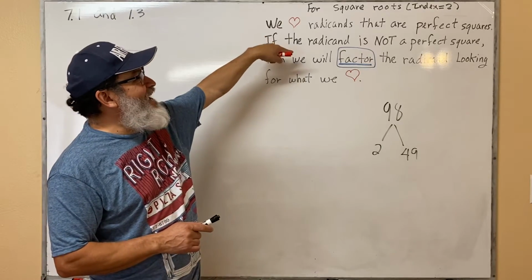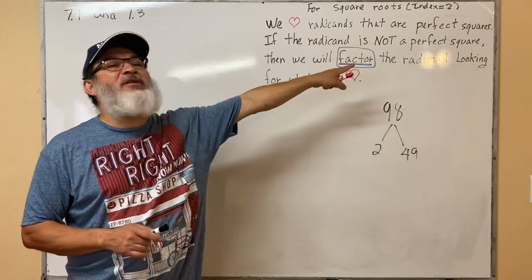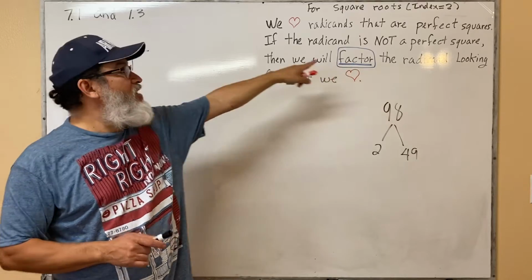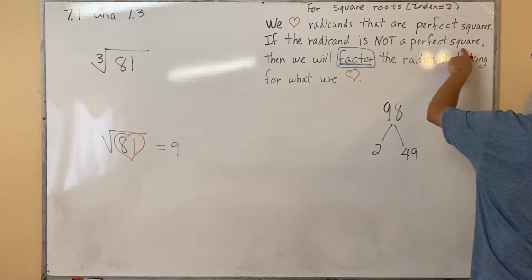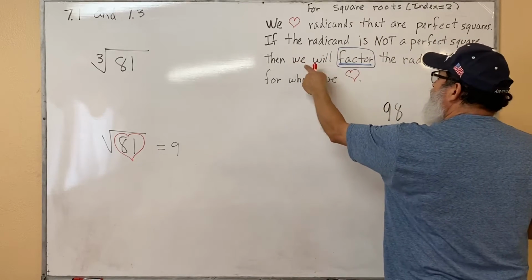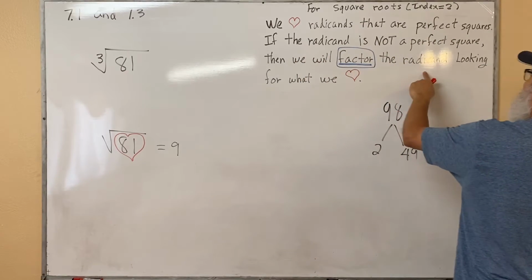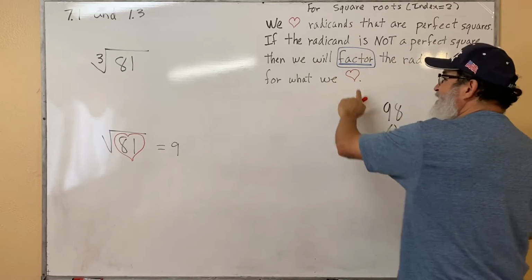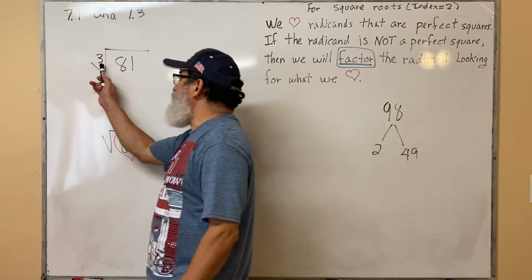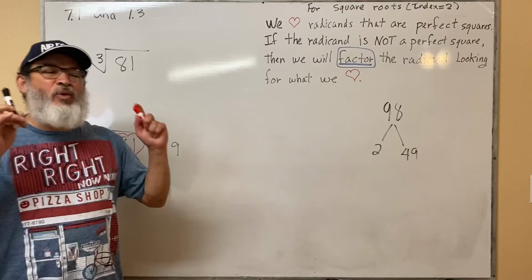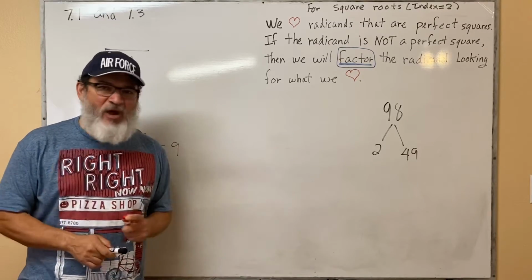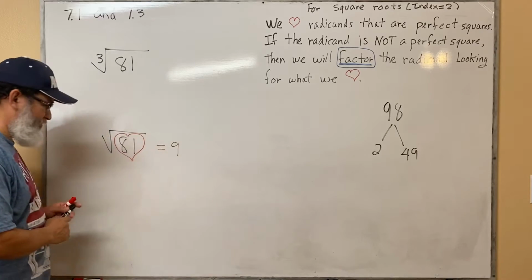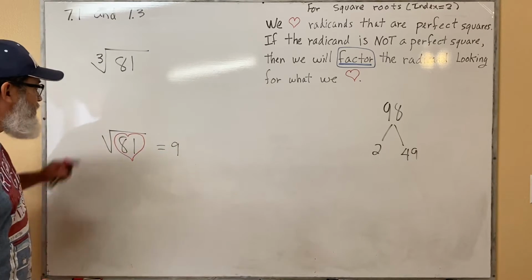If the radicand is not a perfect cube, then we will factor the radicand looking for what we love. When the index is 3, we love perfect cubes. We no longer love perfect squares. We're not talking about this.